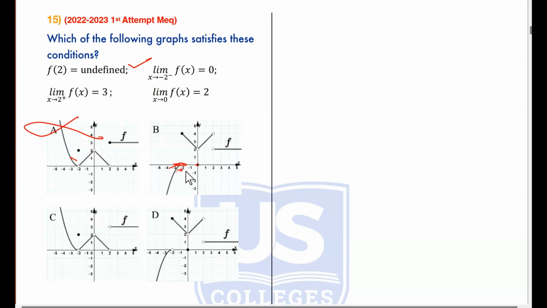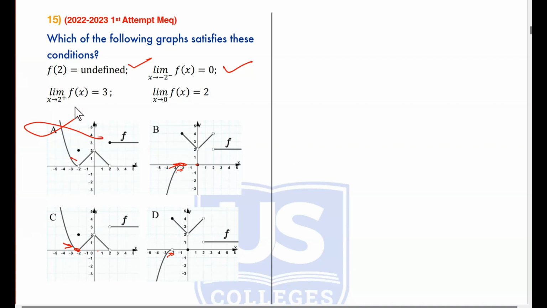That's true for this graph. For that one, negative 2 from the left, it's heading towards this point, still 0. This is also true for this graph. So this information is satisfied by these three options.